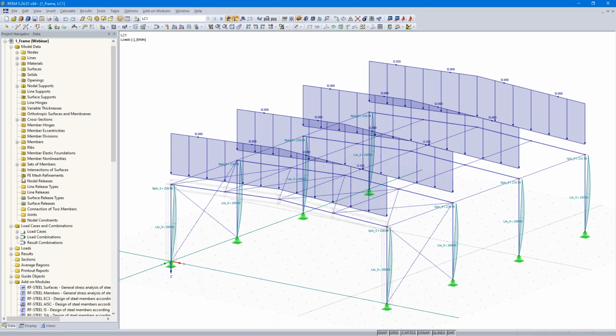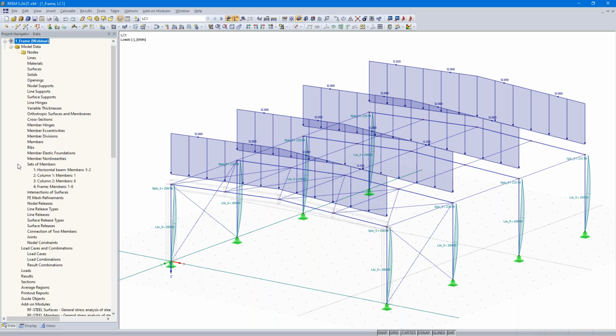Okay, then I show you the set of members that I already defined. The horizontal beam of that frame here, I would like to design the first frame here, because in a later step I will add loads in Y direction to get bending about the weak axis.